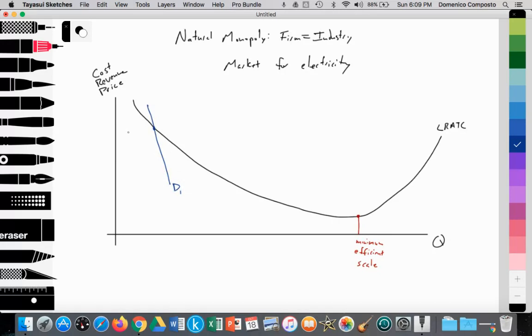They enter and they have to lay electrical cable between every apartment and an apartment building, between buildings, to commercial spaces, all of those lines to connect to their power plant that's generating electricity, and that incurs significant costs. So the costs of production are going to be very high. They're going to be at C1 to produce enough quantity to meet demand at Q1.